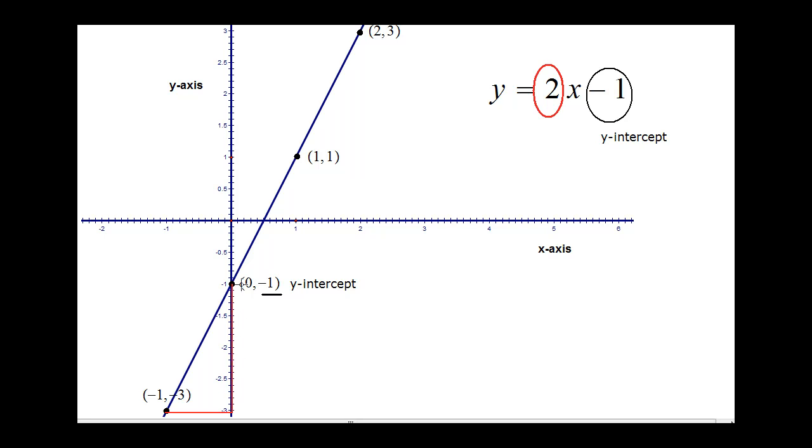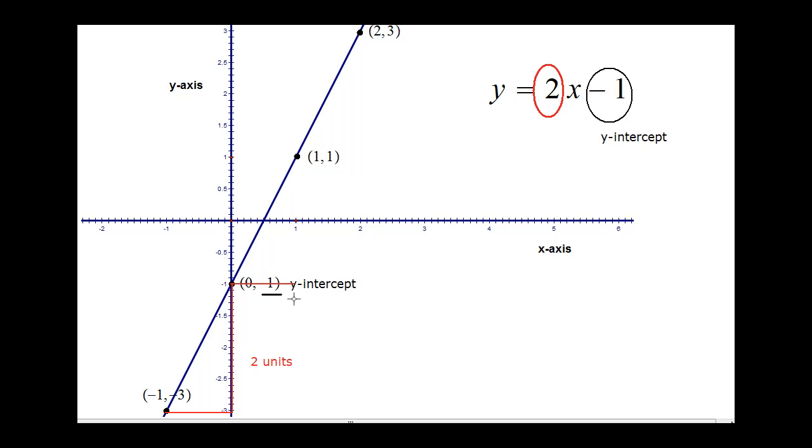My rise is becoming 2 units up. So for every run of 1 unit, I have a rise of 2 units, and that will go on happening all along.